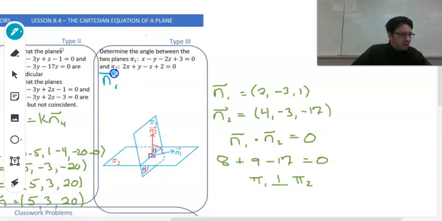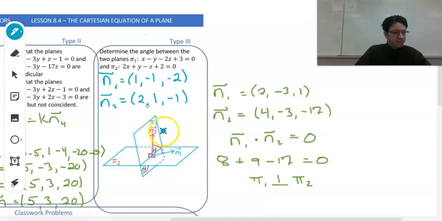So the normal for our first plane is our coefficients 1, -1, and -2. And for our second plane, the coefficients are 2, 1, and -1. So there are our two normals.